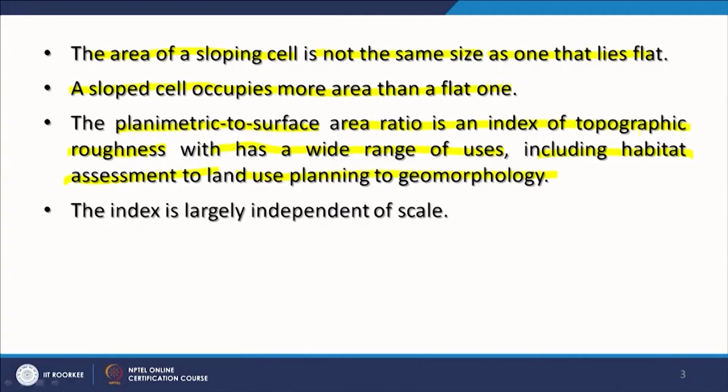Now, this planimetric to surface ratio, which we can also call an index, is largely independent of scale. Whether you are using 30 meter spatial resolution data or a 90 meter digital elevation model, this ratio would still be there.